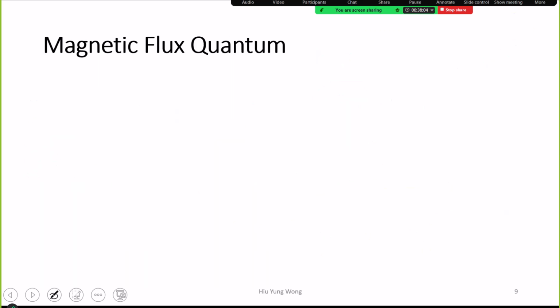So here let's divert a little bit and talk about a quantity called the magnetic flux quantum. It is labeled as phi naught, and it's defined as phi naught equals h divided by 2e. It's based on fundamental constants. This is the minimal magnetic flux you can have in a loop.